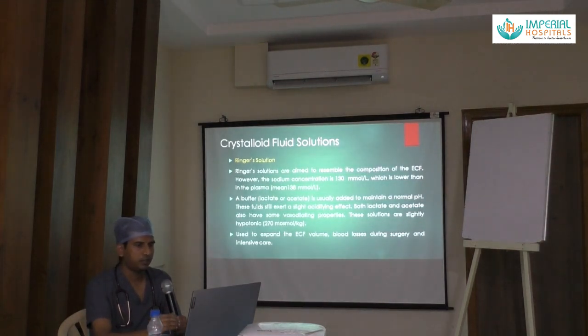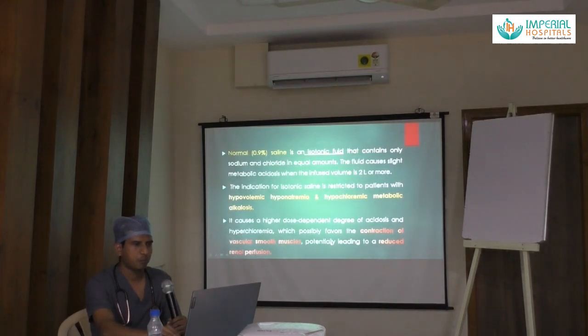If lactate is added, it is called Ringer lactate, to maintain a normal pH. These fluids still exert a slightly acidifying effect because of low strong ion difference. The solutions are slightly hypotonic. They are used to expand ECF volume, for blood loss during surgery and intensive care, and as routine maintenance fluids.